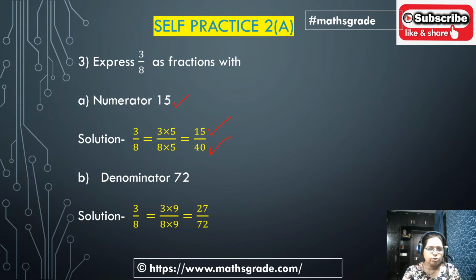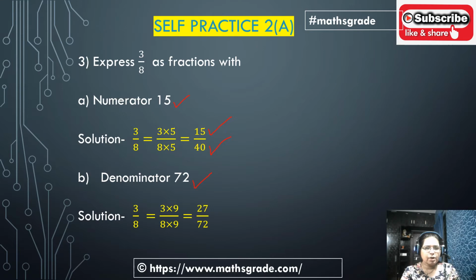Now we have to express 3/8 as a fraction with the denominator 72. We know 8 multiplied by 9 is 72. So when we multiply a number with the denominator, we have to multiply the same number in the numerator also.